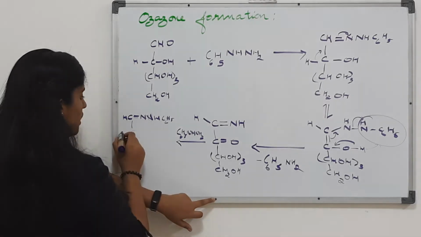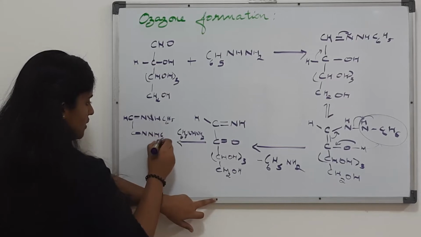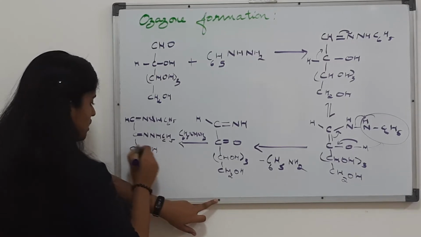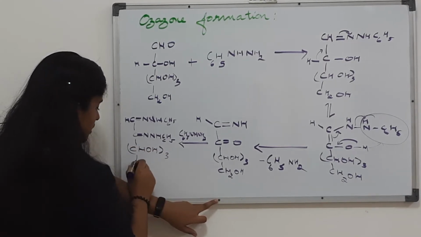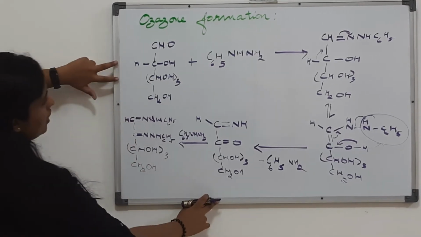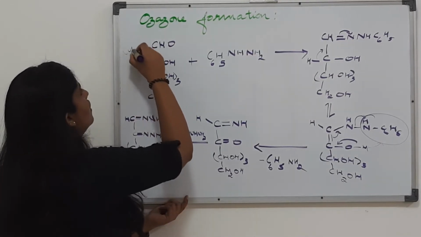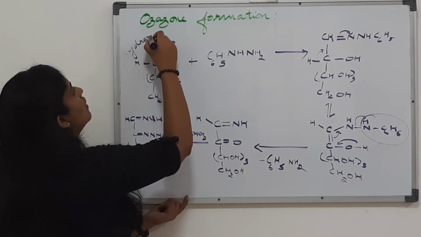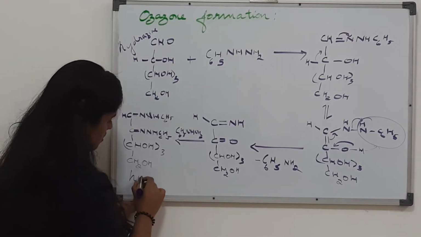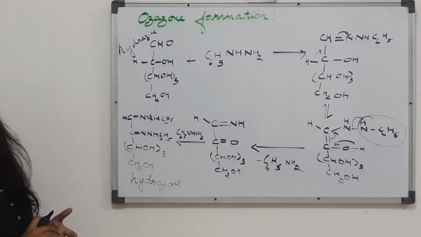So this also becomes C double bond N NH C6H5, and the remaining portion is there as CHOH three times, and then the bottom primary alcohol CH2OH. So I started from here with glucose and came to the final osazone. This is the mechanism of osazone formation.